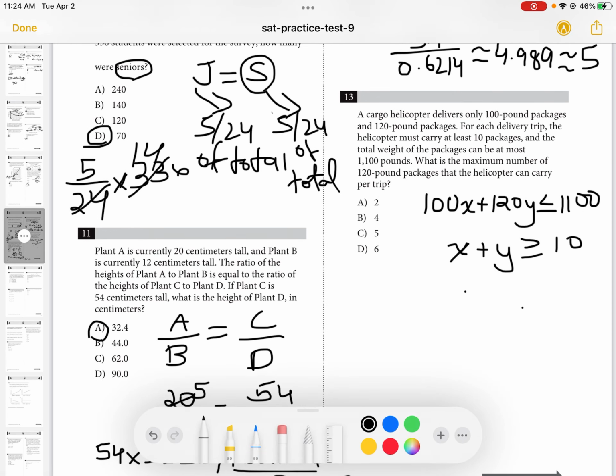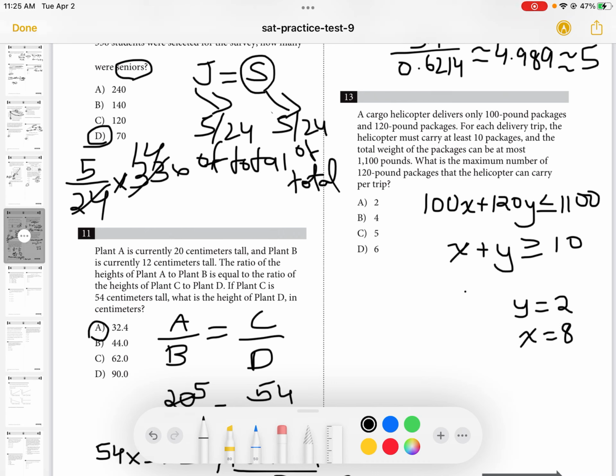We have two inequalities. Now the fastest way to do this is to just plug in each of the answer choices and see which one's the right answer. If we plug in y equals 2, we get x equal 8.